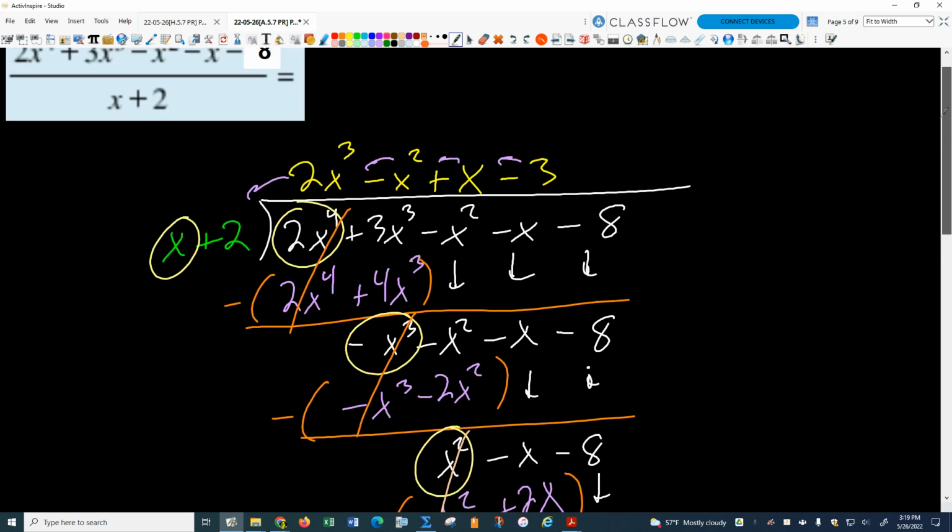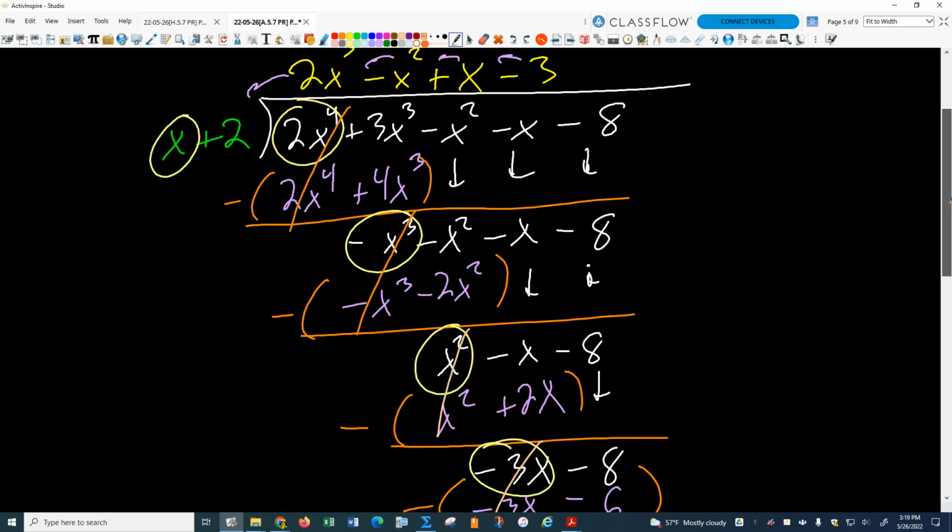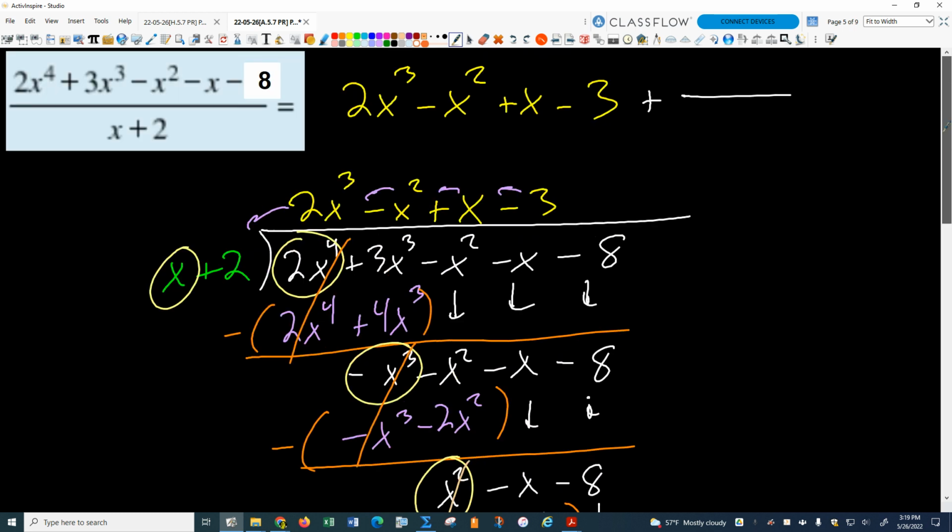And so what's my final answer then? 2x cubed minus x squared plus x minus 3 plus, I got to make my remainder a fraction. Good, and negative 2 was my remainder, so that's what goes on top.